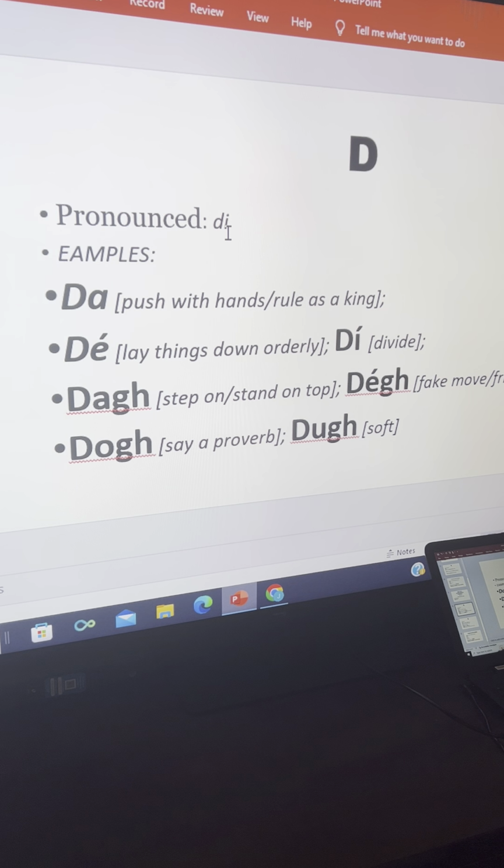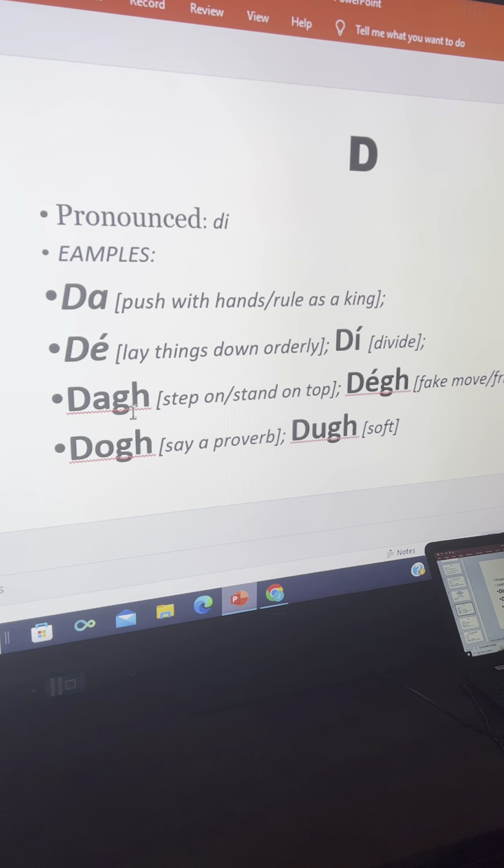So it doesn't go deep into your vocal cord, but when you tone mark it, it takes a deep sound down your vocal cord, so it becomes E. So D, E, that is divine.